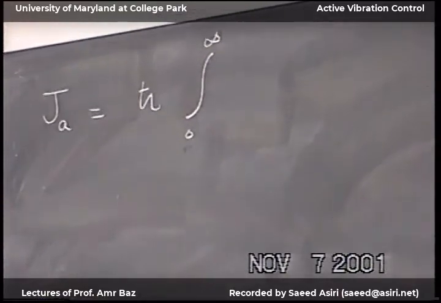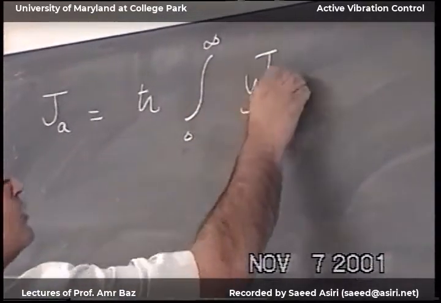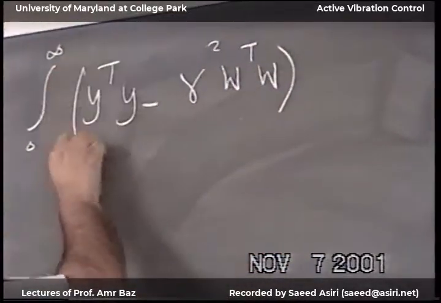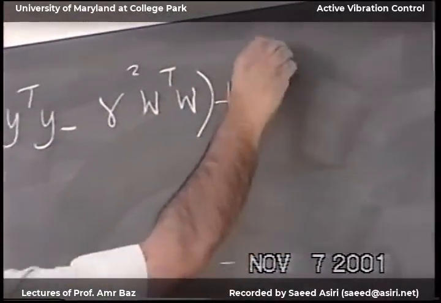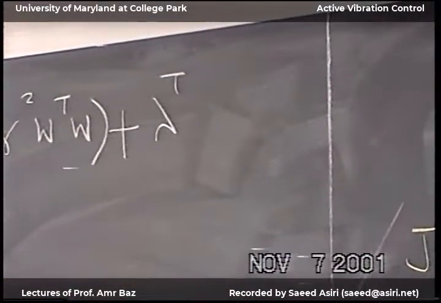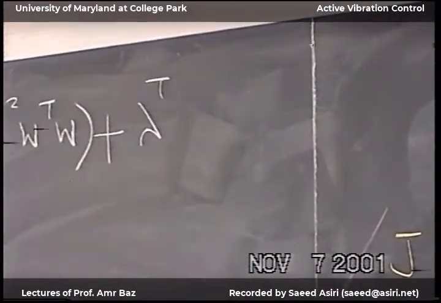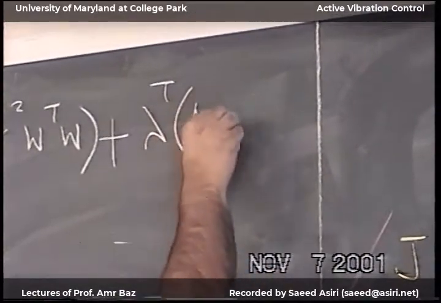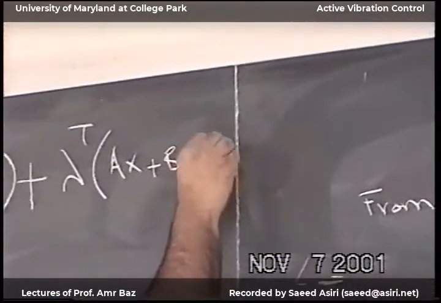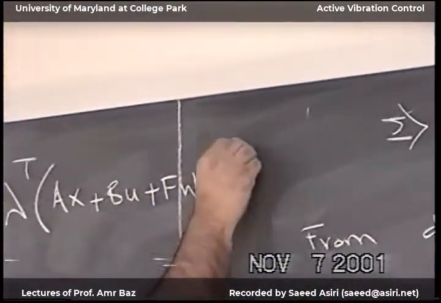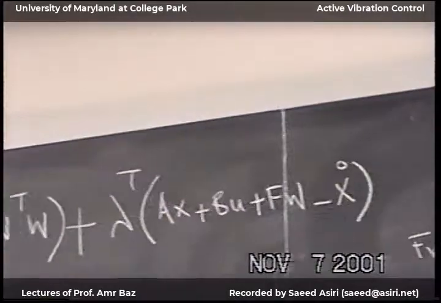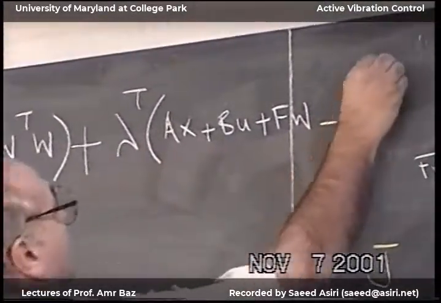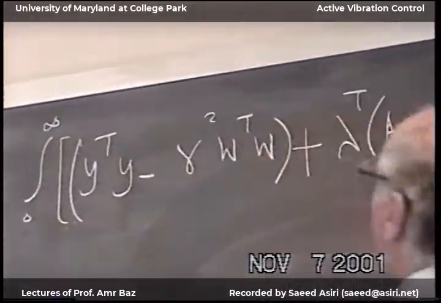So we have y transpose, y minus gamma squared w transpose w, and then I augment this now by lambda transpose, and then how much we violate the constraint. So the constraint looks like this: Ax plus Bu plus Fw minus x dot. Now this is dt.